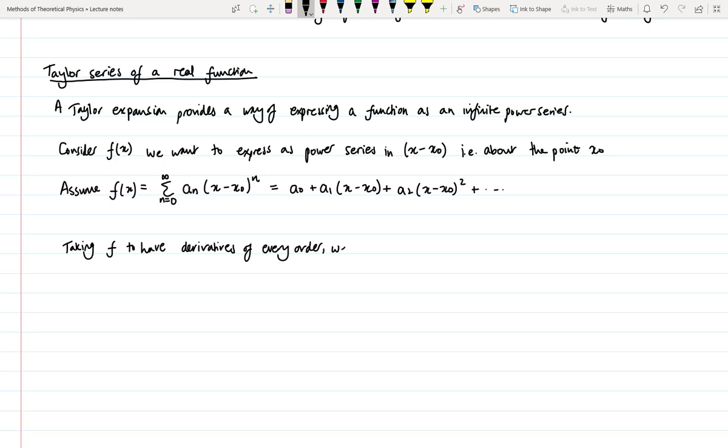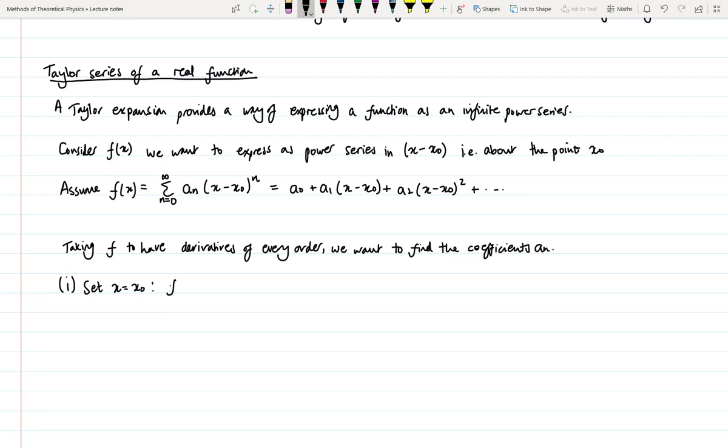The next task is to find the coefficients an. So taking our expression above, f of x is the sum between n equals 0 to infinity of coefficients times powers of x minus x naught. Let's first consider what happens if we set x equal to x naught in this expression.